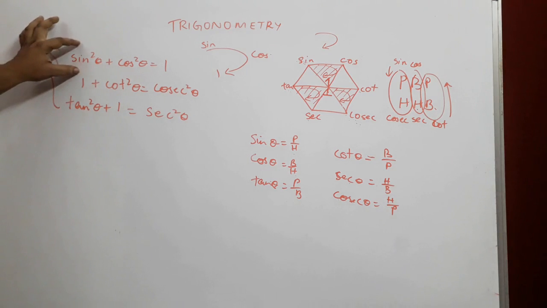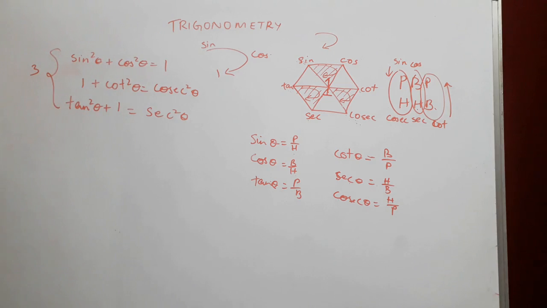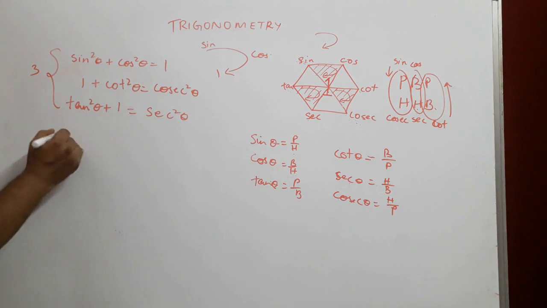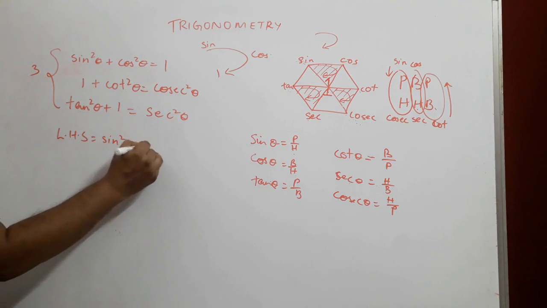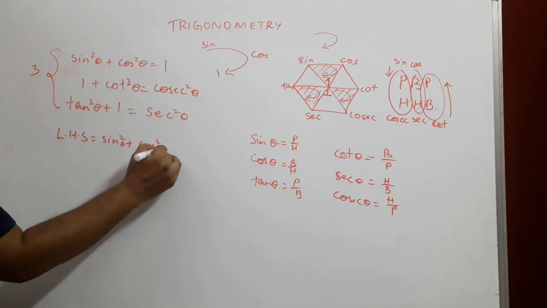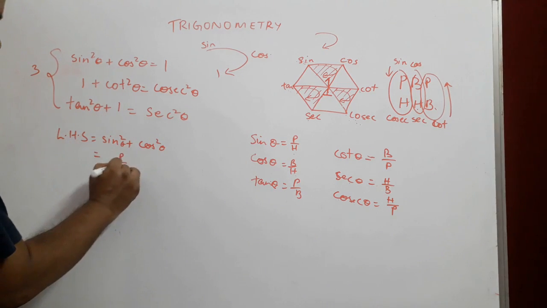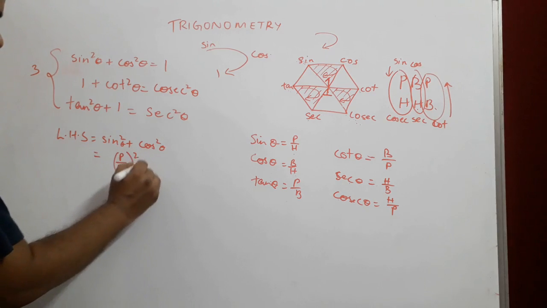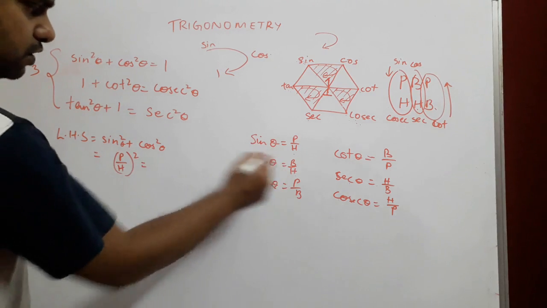See, we can easily find out whether sine square theta plus cos square theta is equal to 1. Let us just find out. Let's use this, sine square theta, cos square theta. So we'll take left hand side equal to sine square theta plus cos square theta. Let us see if it comes equal to 1. What is sine theta? P upon h, which means the square of that will be P upon h whole square, plus cos square theta.